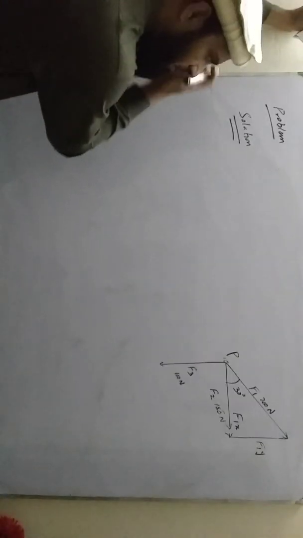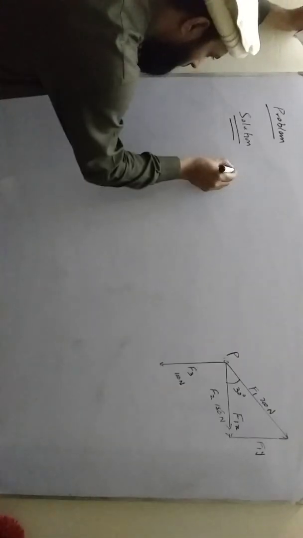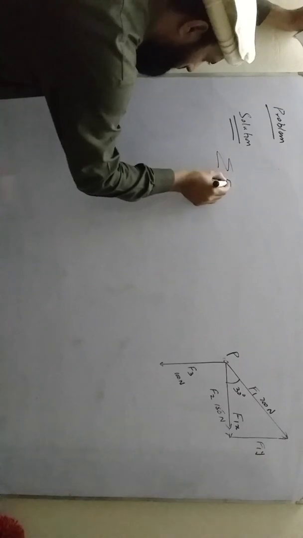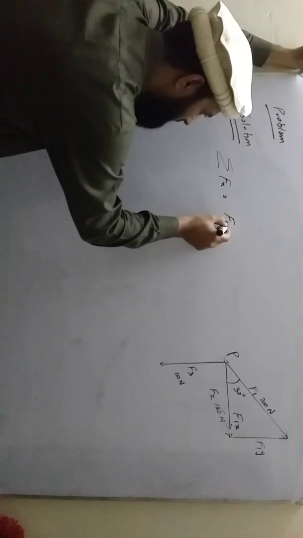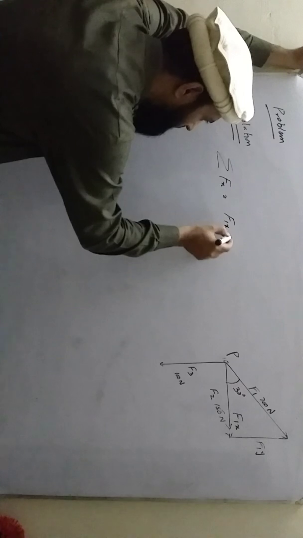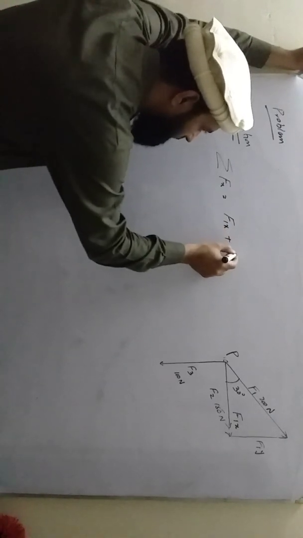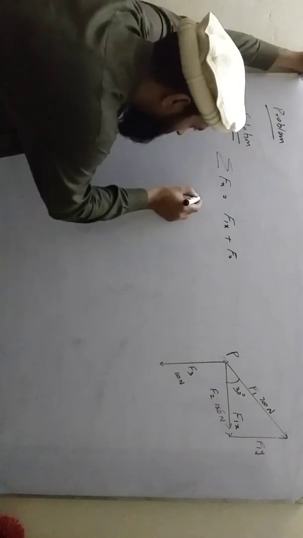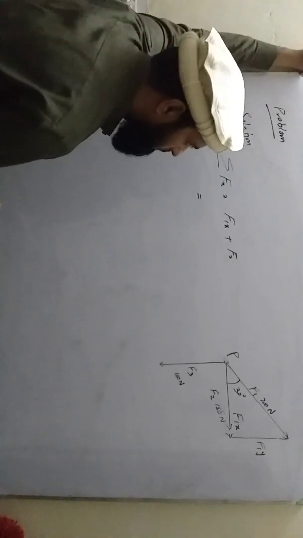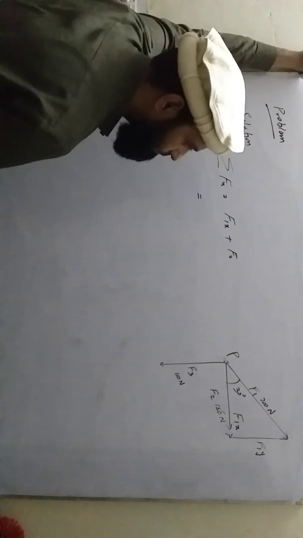Firstly, we find the sum of all forces along the x-axis. Here along the x-axis there are two forces: the x component of force F1, and F2. Both are in the same direction, so they are added and both are taken as positive.